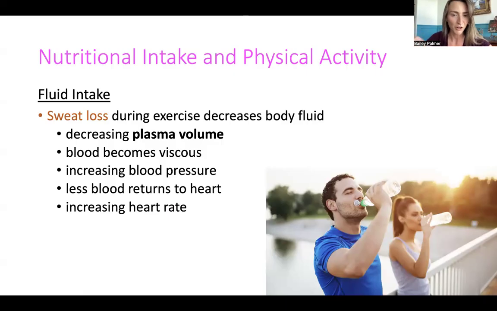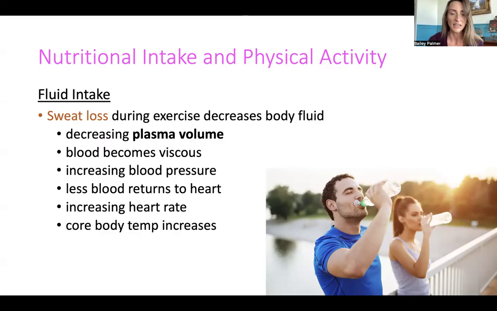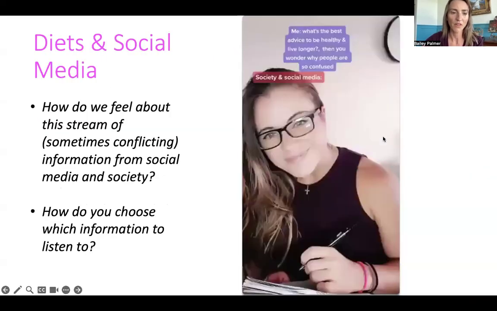That will drop, but now your heart has to work overtime to keep the amount of blood returning back to your heart. And this can cause overheating and lead to a myriad of other problems. So core body temperature increases and basically causes your body to be in a stressful state. So again, drinking water, especially during exercise when you're sweating, is very important.